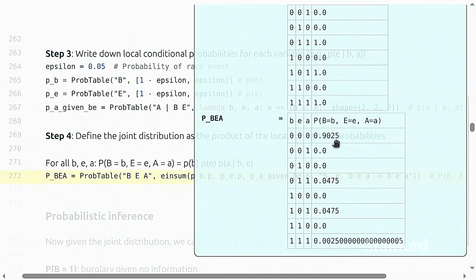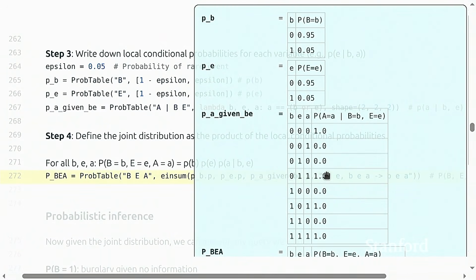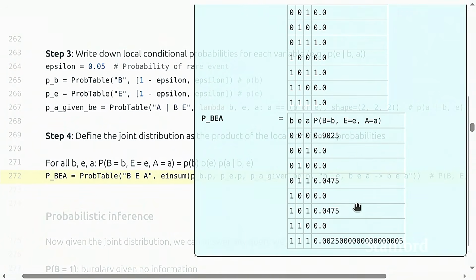Probability of B, E, and A. The numbers aren't too important, but this basically is the product of these 3 probability tables. And just to sanity check, the probability of nothing happening is 0.9, so that's reasonable. Nothing usually happens. The probability that there's a burglary and an earthquake, and your alarm goes off is pretty low.